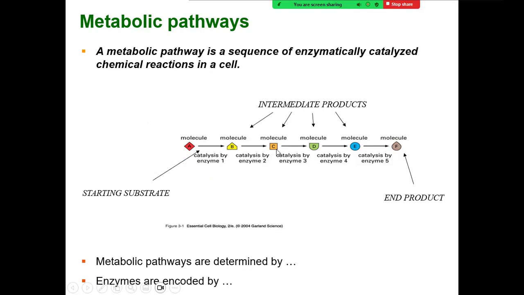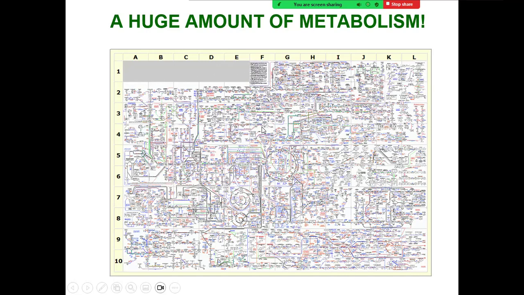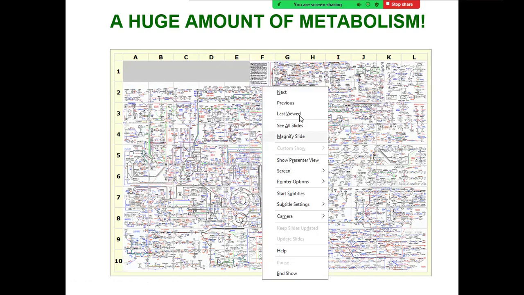And then molecule C can be converted into molecule D by enzyme 3, etc., meaning D converted into E, E converted into F, each of them by their own separate enzyme.